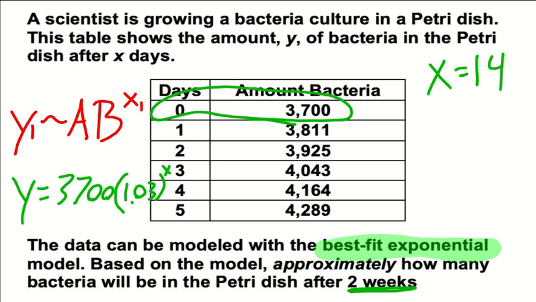Or you can take your function there, and we can take the x value and plug it in. So we can do 3,700 and take our 1.03 and give us an exponent of 14, right?